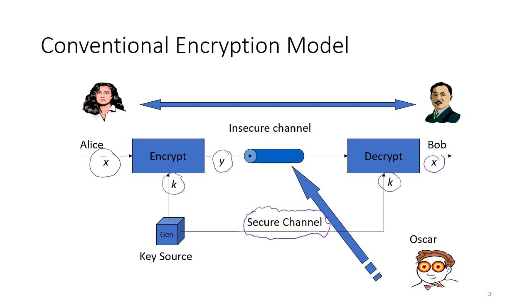And this Oscar is able to look at the ciphertext only for the time being. And when Oscar looks at the ciphertext, the purpose of encryption is to ensure that the information x is not leaked to Oscar. So this is what confidentiality implies in this particular case.